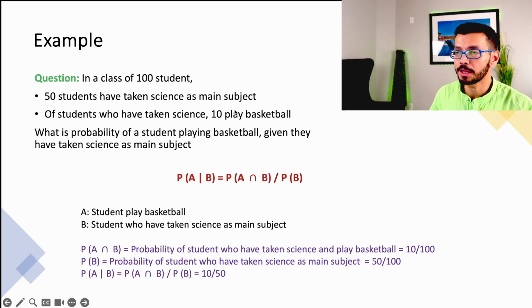We already know that number is 10, so the probability will be 10 upon 100. And the probability of B will be the probability of students who have taken science as the main subject. That comes out to be 50 upon 100, because the total number of students that qualify is 50 out of 100 students. We plug all of these values into the formula and the overall probability comes out to be 10 upon 50, which is 1 upon 5.